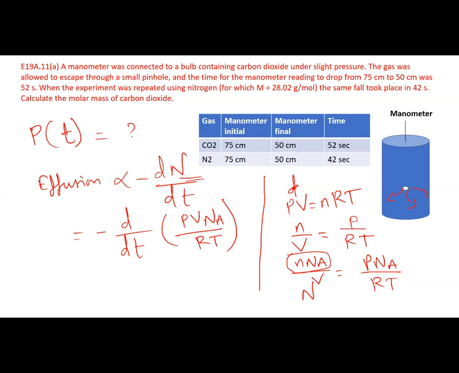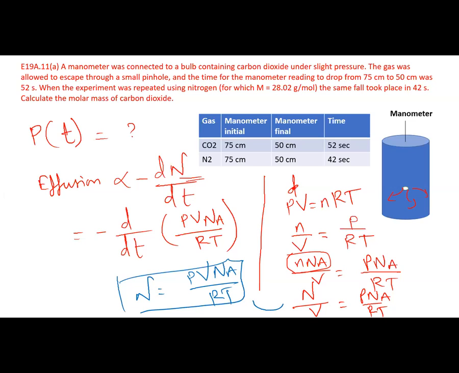So N over V is equal to P NA over RT. And from this, N is PV NA over RT. I just substituted this equation instead of N.